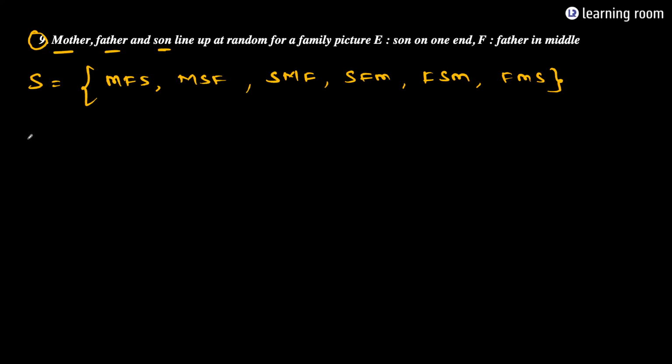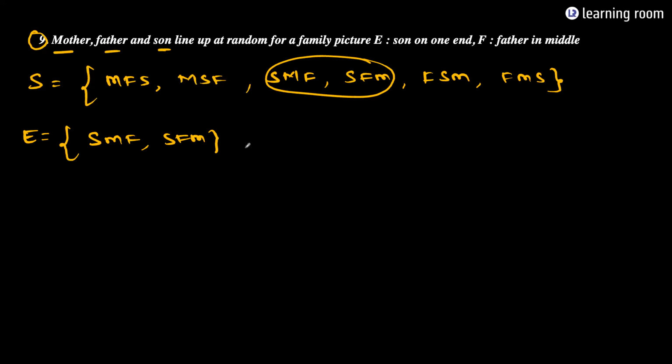E is what? Son on the first end. So these two will come: SMF and SFM. What is F? Father in the middle. Father in the middle, now what will come? MFS, SFM.